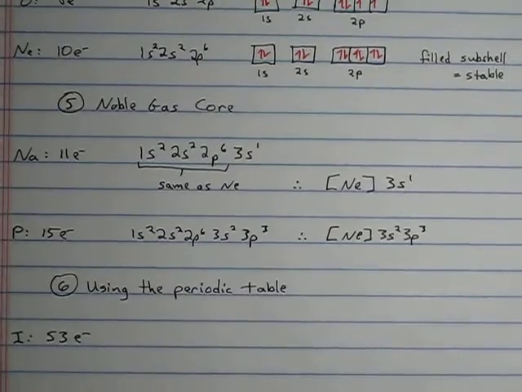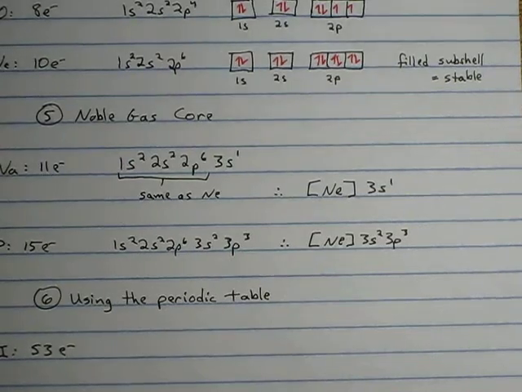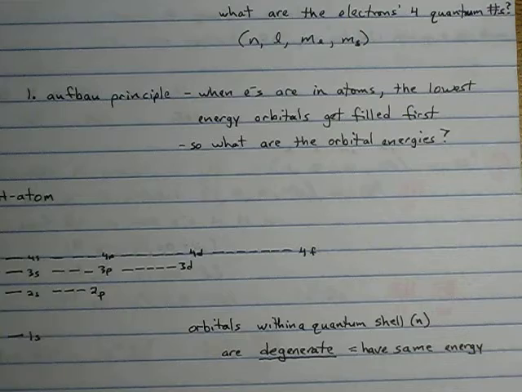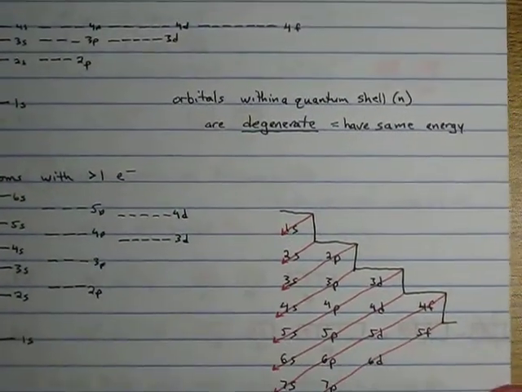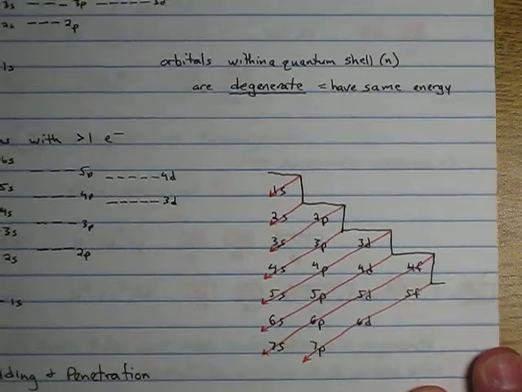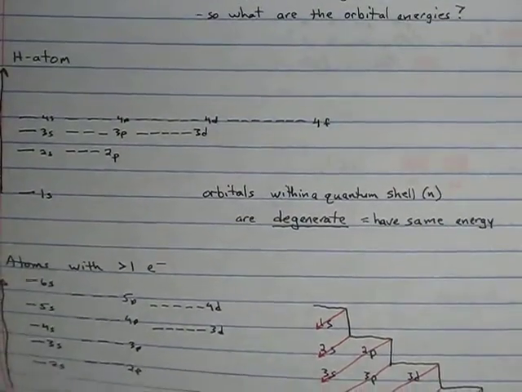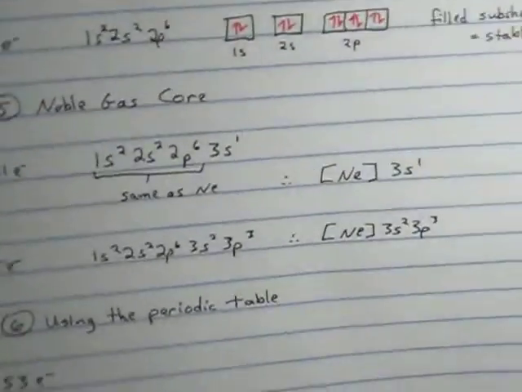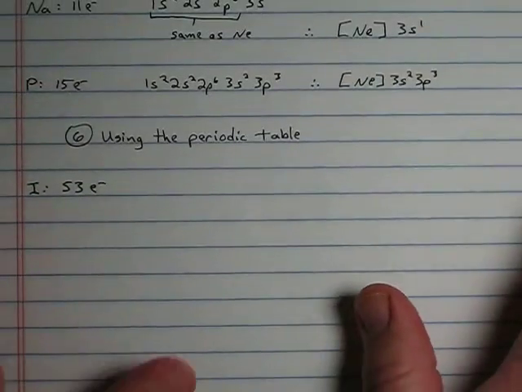Question for you, where in this chart are we at 53 electrons? It's going to take a lot of counting, and I've watched a lot of Sesame Street, but it's more counting than I want to do. So, good news. We have the chemist's ultimate cheat sheet, the periodic table.